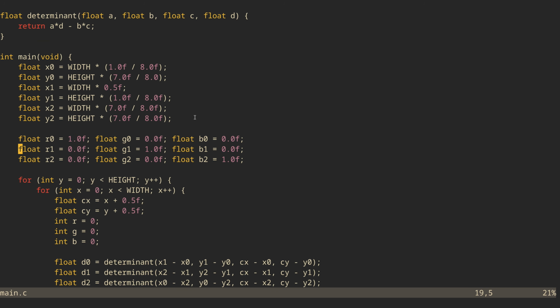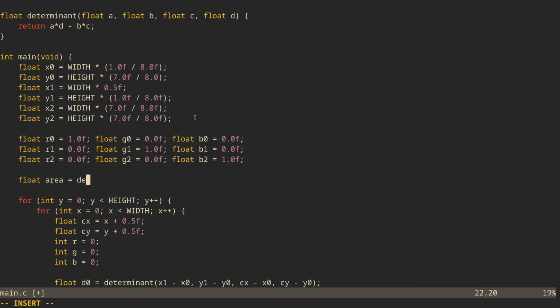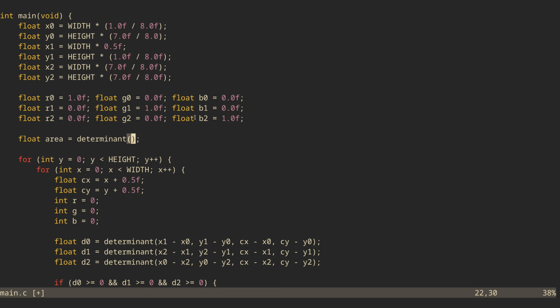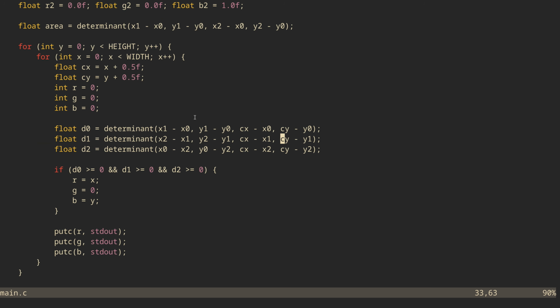So in here, let's do determinant. And for the whole triangle, we're going to go x1 minus x0, y1 minus y0, and then x2, y2. And then in here, we'll divide them by the total area.